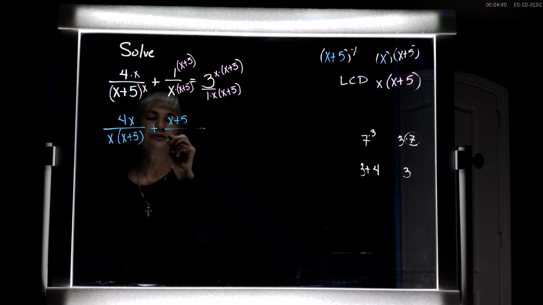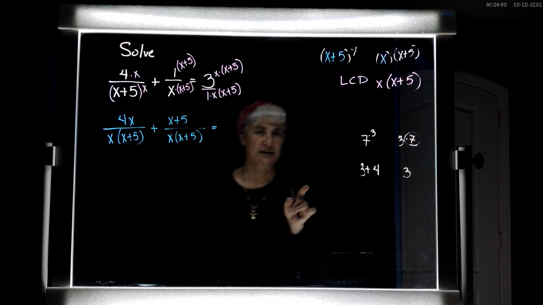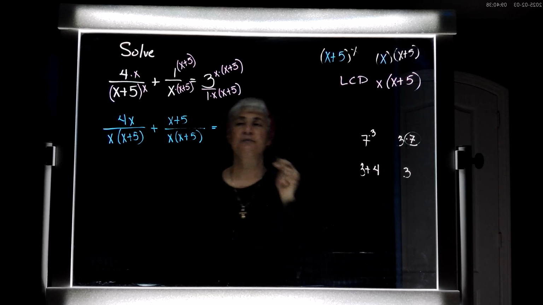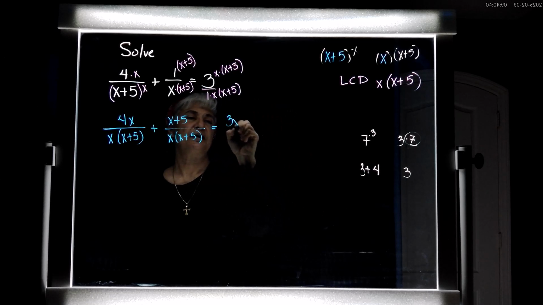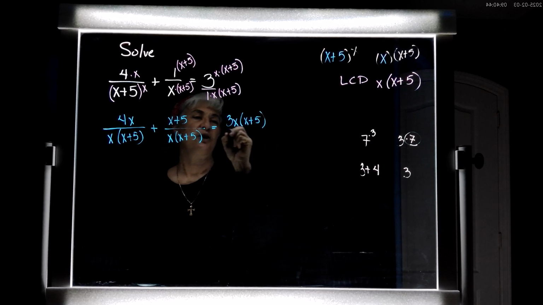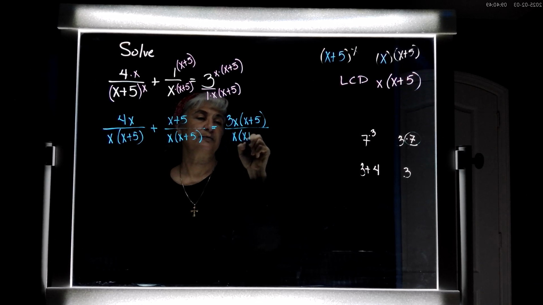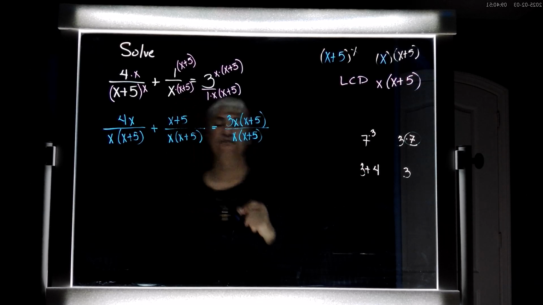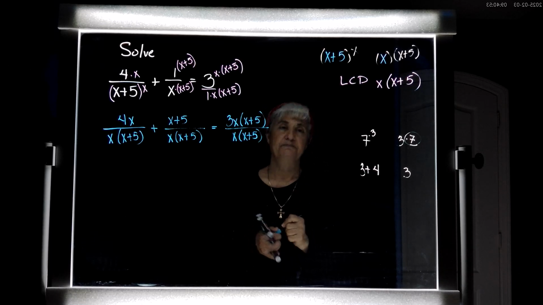And the denominator also has x times x plus 5. Excellent. And the fraction on the other side becomes, good, 3x times x plus 5 over, good, x times x plus 5. Great. Good job. Okay.